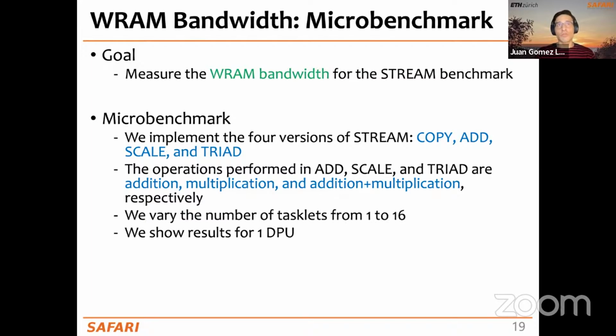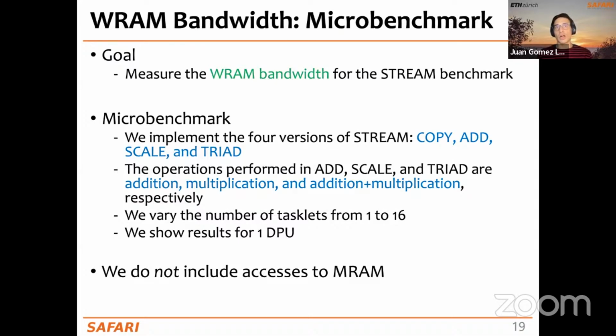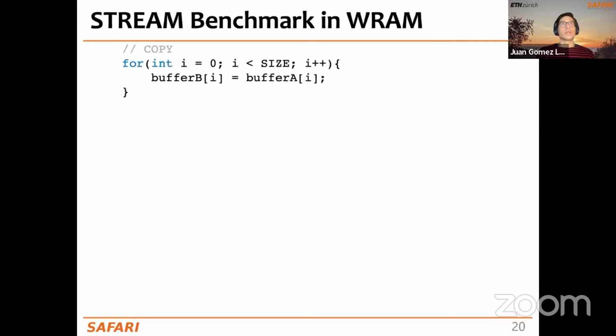In our experiments, we vary the number of tasklets from 1 to 16, and we show results for 1 DPU. One thing to mention is that in these experiments we are not including accesses to MRAM in our program, because we don't want to add noise to the measurement of the access to WRAM. This is the relevant code excerpt for the different versions of the STREAM benchmark.